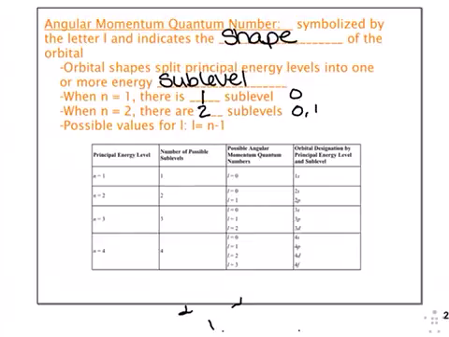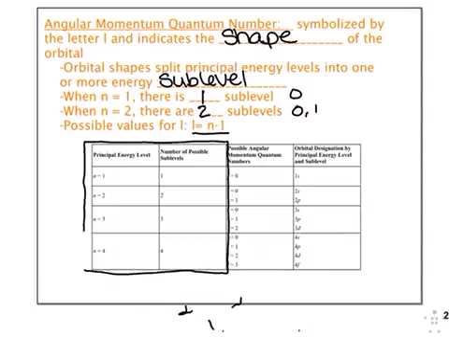So to figure out your possible values for your angular momentum quantum number, or l, you simply take n minus 1. So in this table, we're just going to look at these first 2 columns right now. If the principal energy level is 1, so n would be 1, minus 1, and we get 0, like we set up here. And so that would be the value for l.